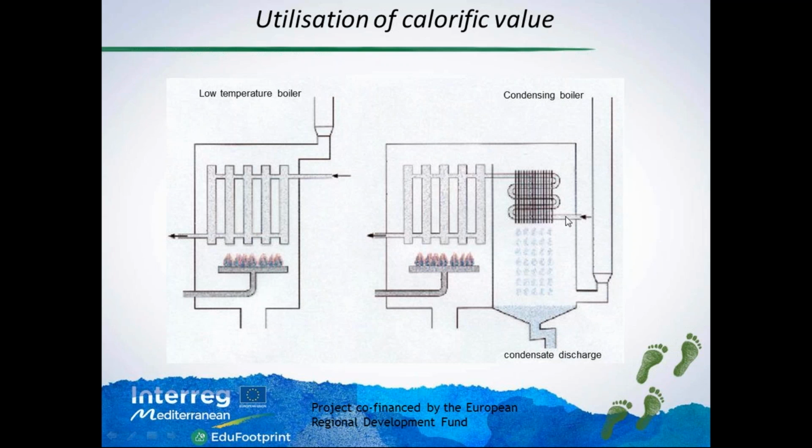So if the temperature of the water is lower than 60 degrees, the latent heat present in the gases condenses, so it rains here inside, and in this condensing process, the heat is transferred to the water.